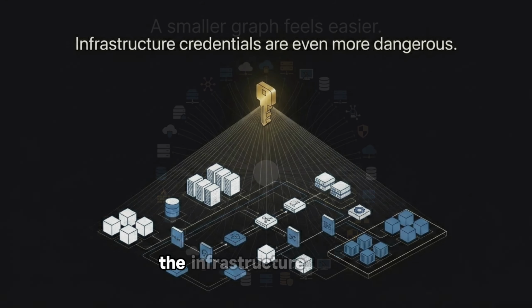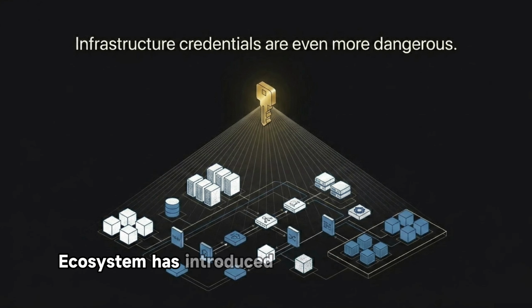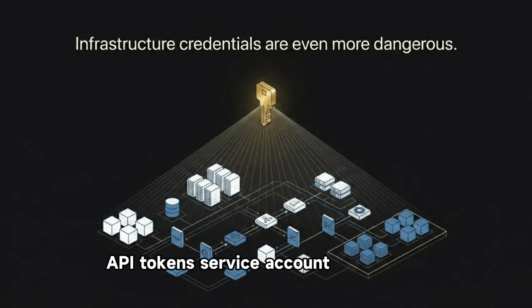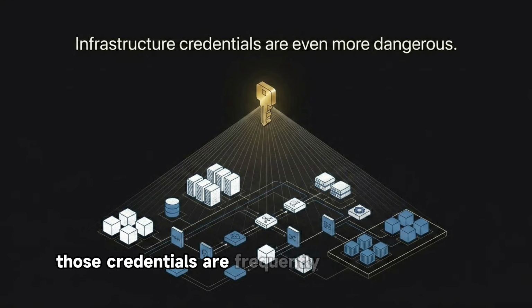The infrastructure as code ecosystem has introduced a specific reuse pattern that most teams have not fully modeled. Terraform, Ansible, Pulumi, and their equivalents require credentials to provision infrastructure: cloud provider access keys, API tokens, service account credentials. Those credentials are frequently the most powerful in the entire environment.